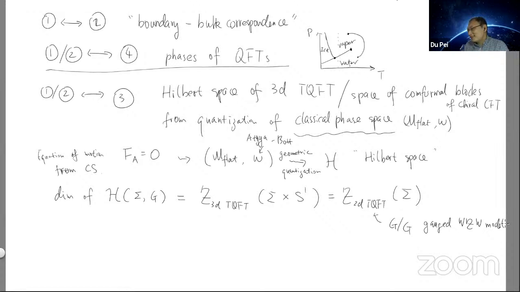And then you can gauge a subgroup of it. That's related to the coset construction that many of you are familiar with for the Virasoro algebra. But if you gauge the entire G, then you don't have any local degrees of freedom left. Instead, you have a theory that looks trivial locally, but there's some kind of global structure to it, and that's exactly what a 2D TQFT is capturing.